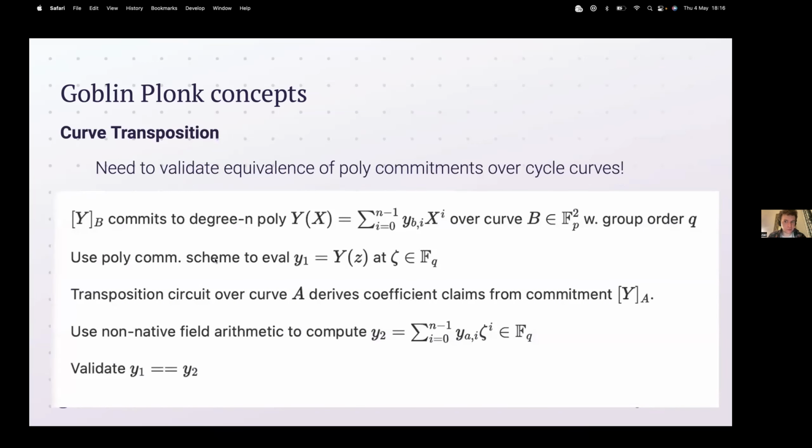And so the final technique with Goblin PLonK is this concept of curve transposition, which is very much stolen from EIP 4844, where the idea is you can prove the equivalence of commitments to the same set of data over two different elliptic curves. What I'm trying to build up to is that in Goblin PLonK, you're recursing repeatedly over and over in some recursion stack, and at each layer of recursion, you're running a brute force verification algorithm.